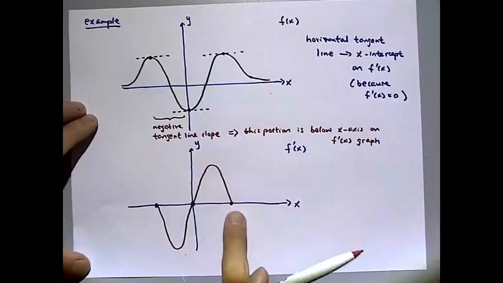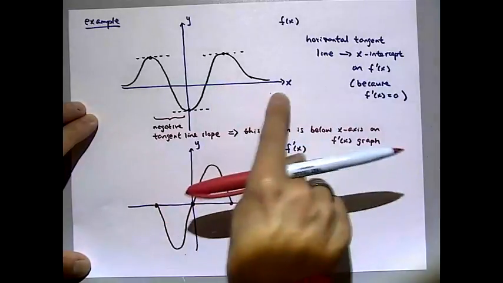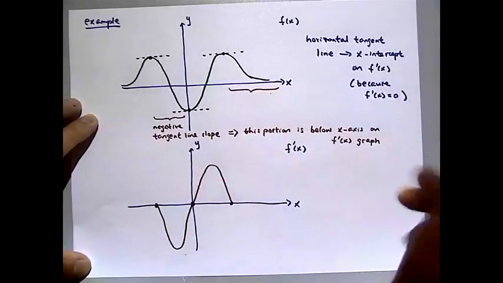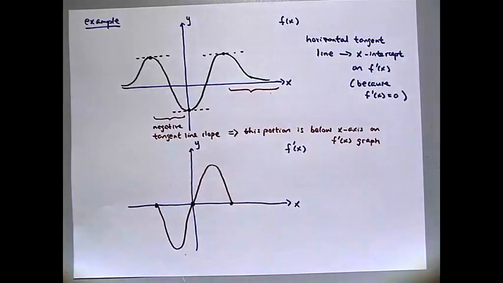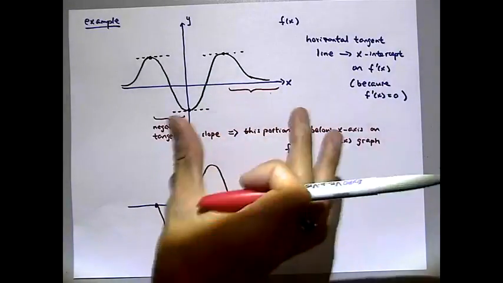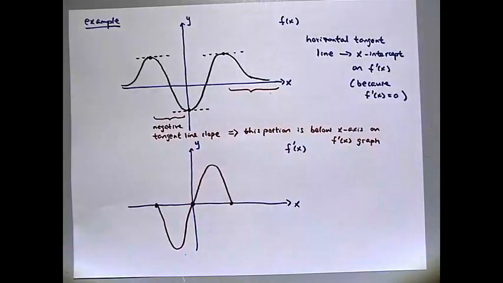Okay, now to the right over here, to the right of this right here, on this portion, what do you notice the tangent line is doing? And let me hear from somebody else over this side this time. What do you notice the tangent lines are doing on this portion of the graph of f?